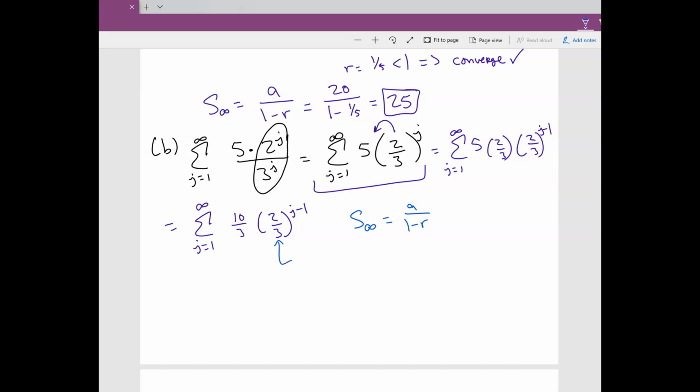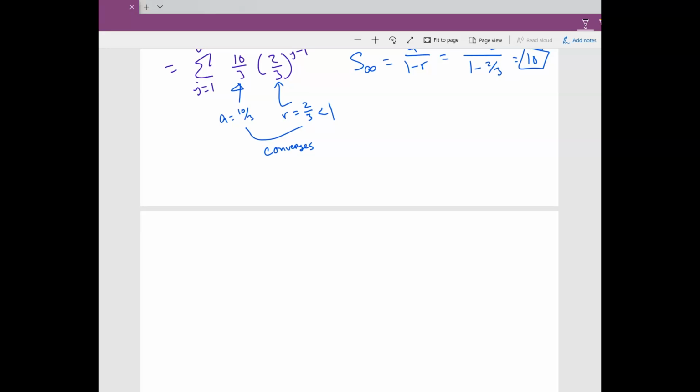This is my value of a, so a equals 10 over 3, and my r equals 2/3. This is clearly less than 1, so it converges. When we find s sub infinity, a is 10 over 3 over 1 minus 2/3, and that's just going to give me 10. So that's the sum of the infinite terms.